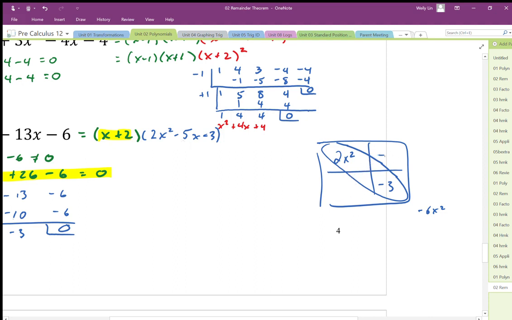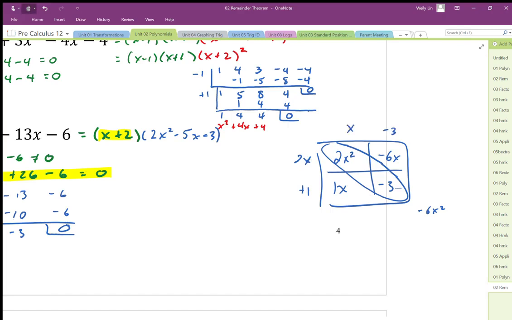Well, that's got to be negative 6 times positive 1. So that will give me the diagonal that's equal to the other diagonal. And then factoring that, I end up with 2x plus 1. And here I get negative 3 vertically, x minus 3.